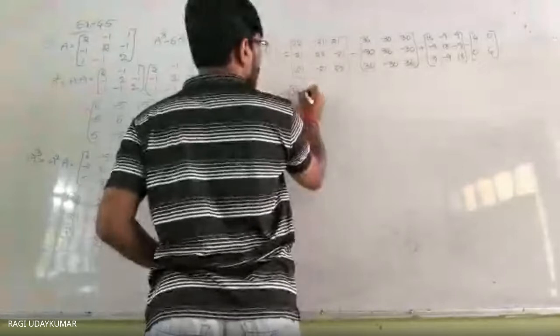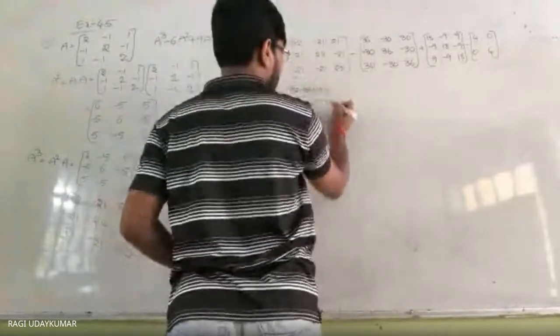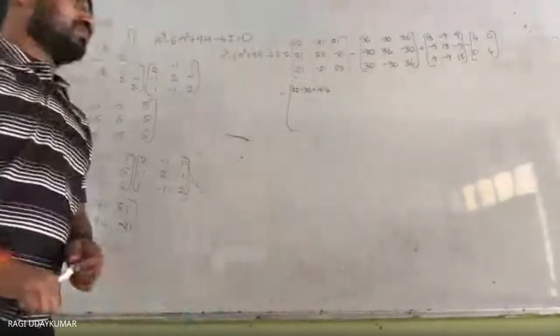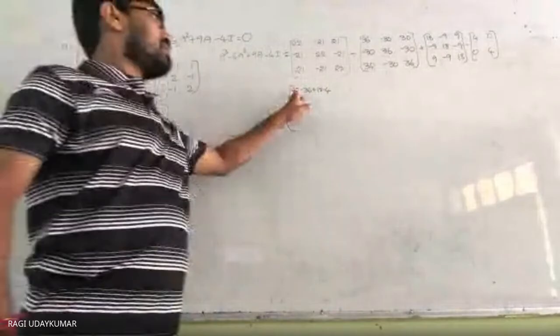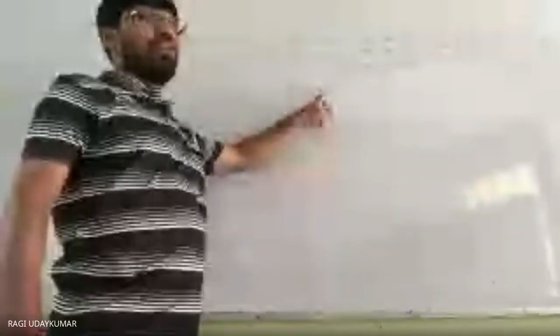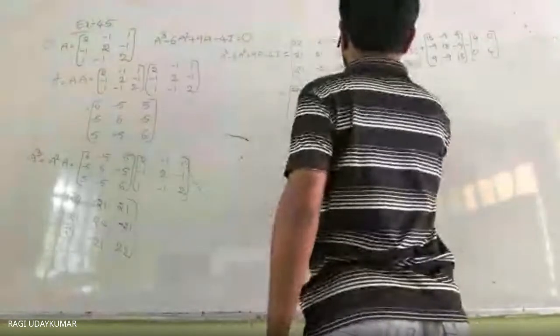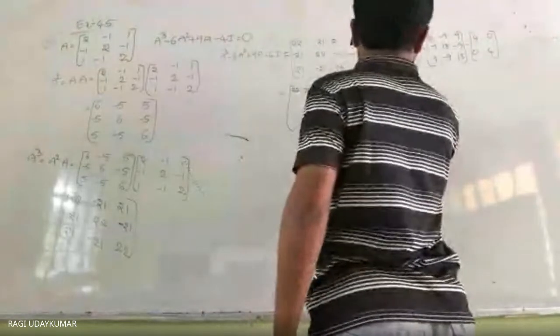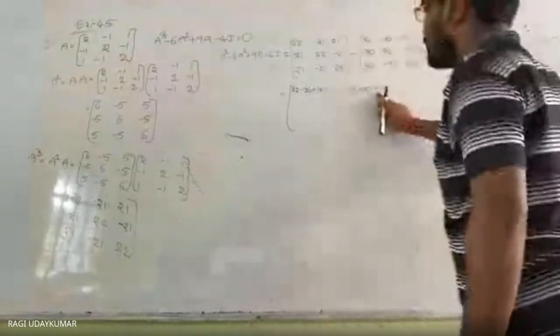22 minus 36 plus 18 minus 4. What do you get? This one plus this one: 22 plus 18 is 40. These two make 40. 40 minus 40 is 0. Minus 21 plus 30 minus 9 minus 0; these two sum to minus 30.